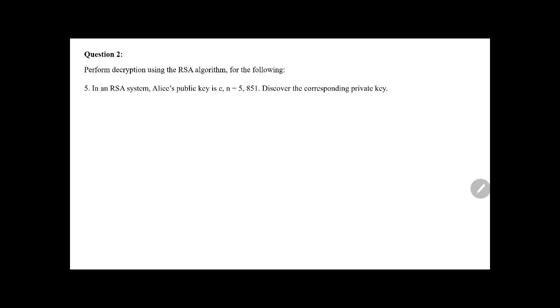So let's rewrite this here. 5 multiplied by D, which is equal to 1 plus K multiplied by 792. Okay, so let's rewrite the equation just as we always do.